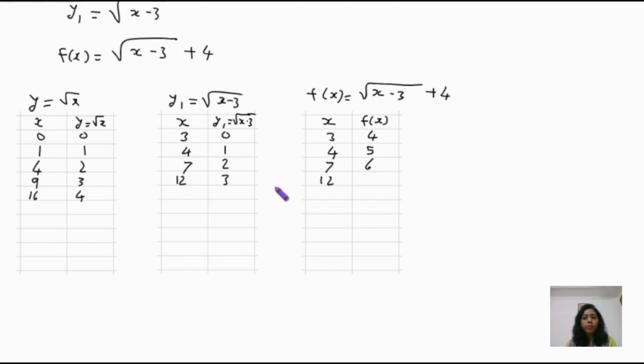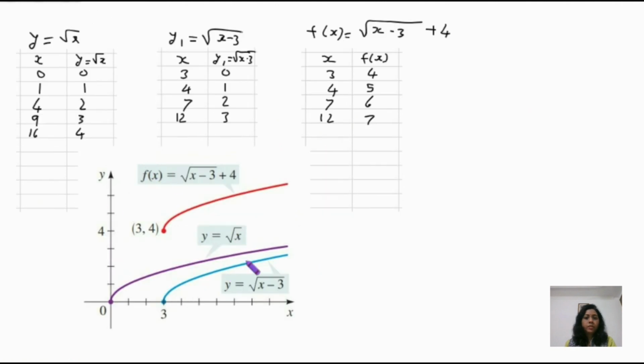When we put 12, 3 plus 4 is 7. So these ordered pairs (0, 0), (1, 1), (4, 2), (9, 3), (16, 4), and here (3, 0), (4, 1), and the rest, we can plot on the graph.